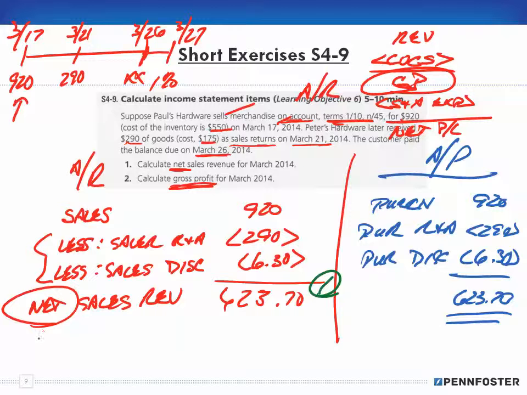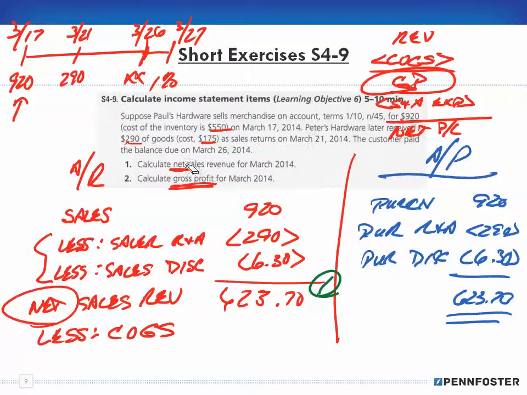So less cost of goods sold. What's our cost of goods sold? Well, let me erase a little bit of this to make it a little clearer. The sale was for $920. The cost of the inventory was $550.